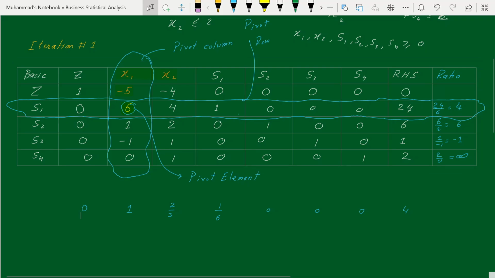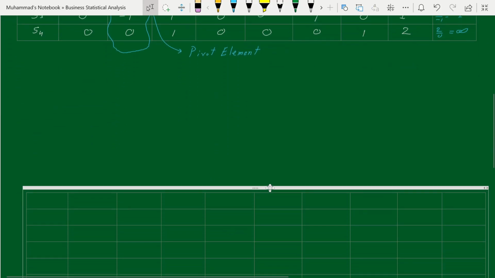Now we will start a new iteration. I will repeat it again for you. So, iteration number 2.